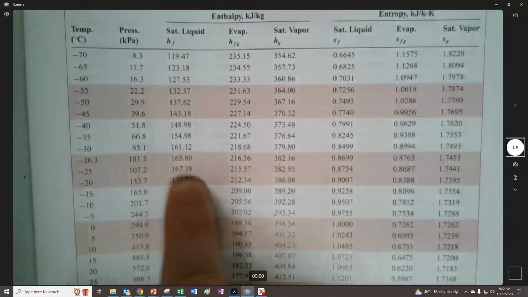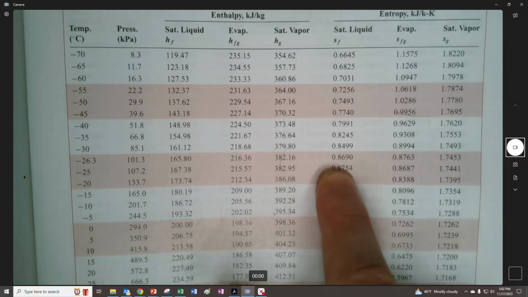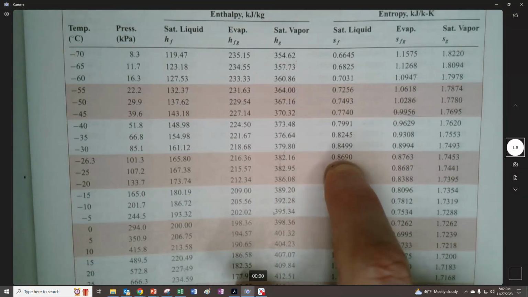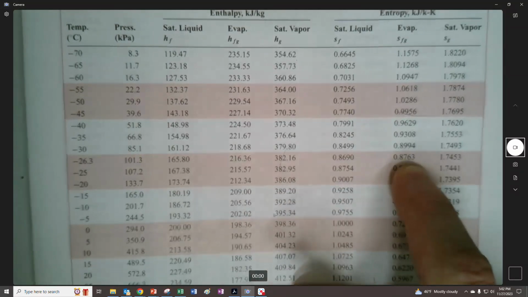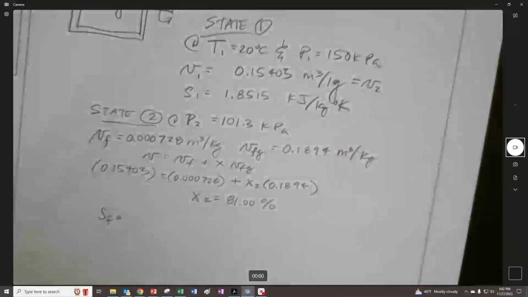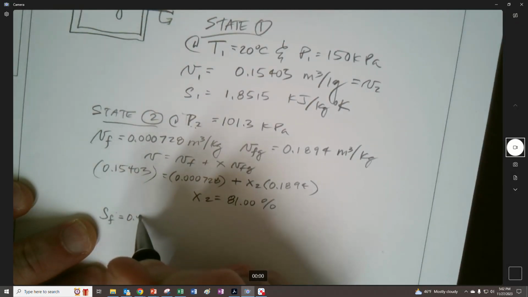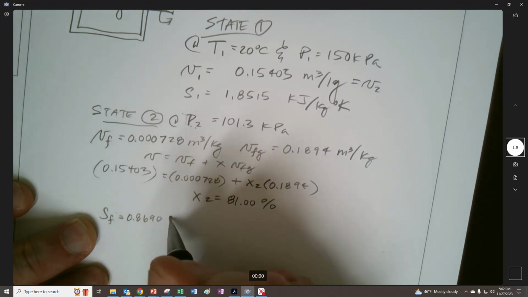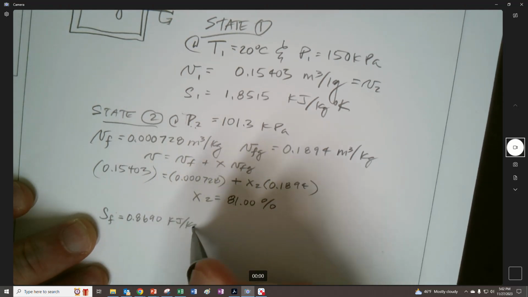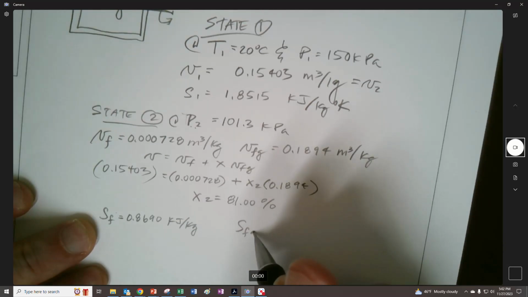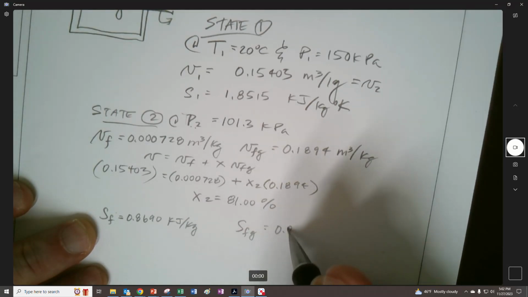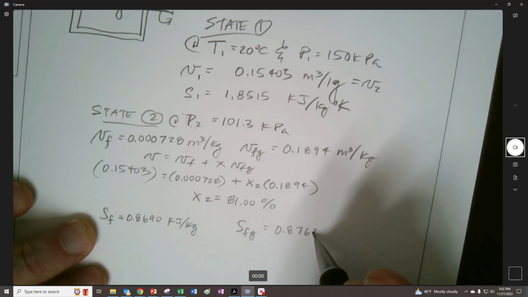We can find the SF is 0.8690 and the SFG is 0.8763. Write that down. 0.8690 kilojoules per kilogram Kelvin, SFG 0.8763.